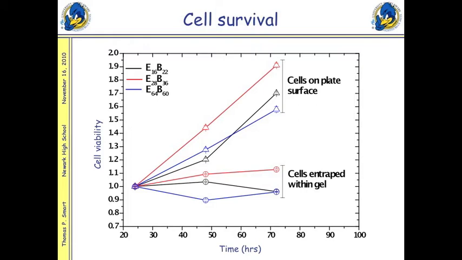So that could be why they're not dividing, but it could also be that they're dying within there. Or not dying, they could be stressed as well. So there's another test being done at the minute to determine whether they're actually happy to sit there or whether they're stressed, and it will eventually lead to cell death if we took this to a longer time period.